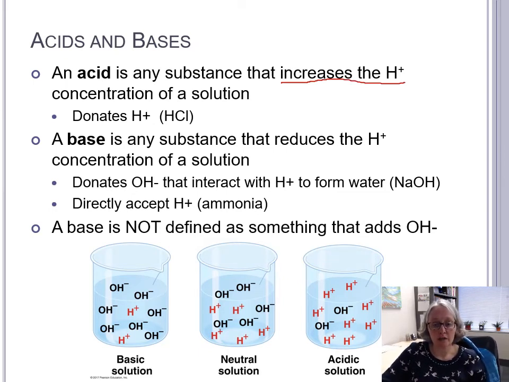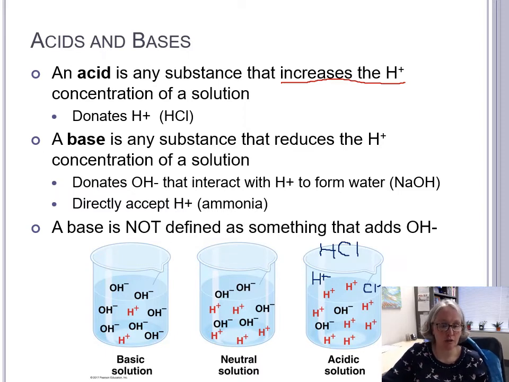So if, for instance, you take something like hydrochloric acid and you dissolve it in water, hydrochloric acid is going to dissolve very well because water is a versatile solvent, and you're going to get hydrogen ions floating around, and you're going to get chloride ions floating around. What this does is it increases the number of hydrogens in relationship to the hydroxides. So acids are going to increase the hydrogen ion concentration.